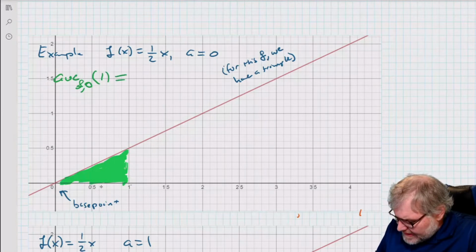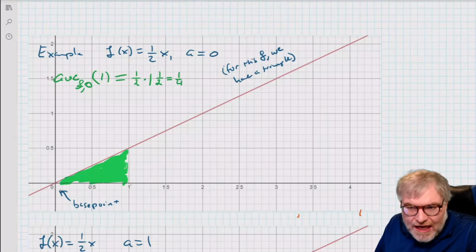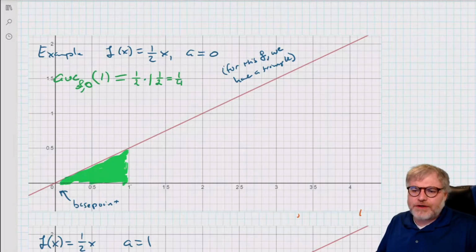It's 1/2 base times height. So my base is 1, and my height is 0.5. So the area under the curve from 0 to 1, in this case, is 1/4.